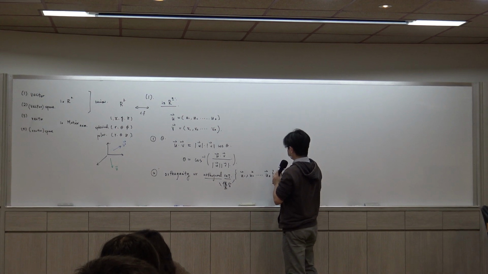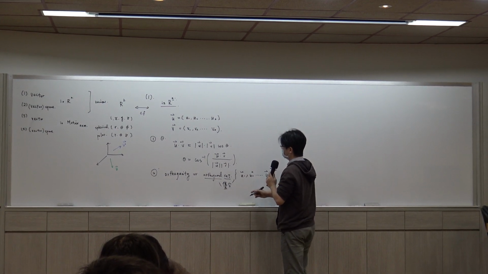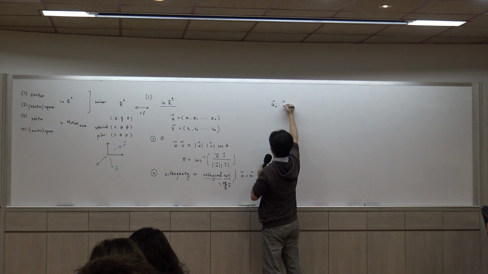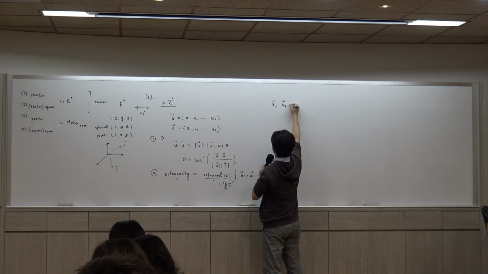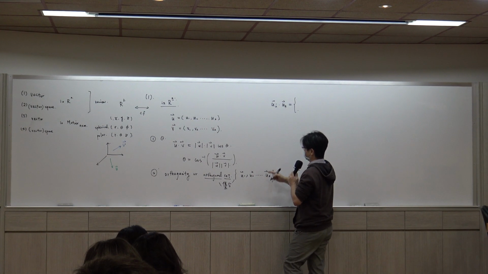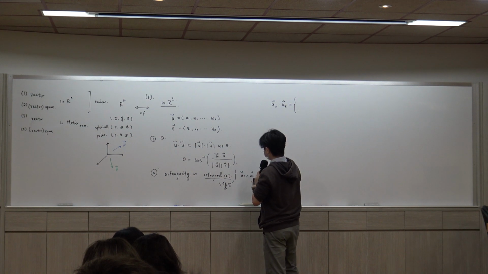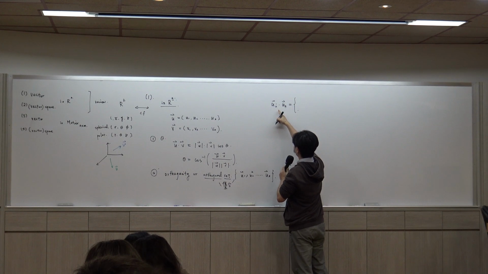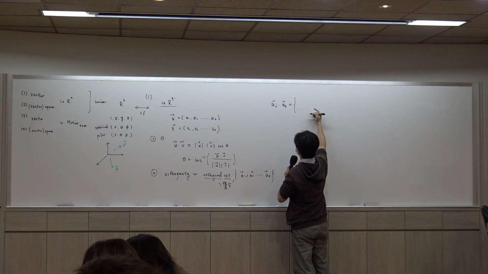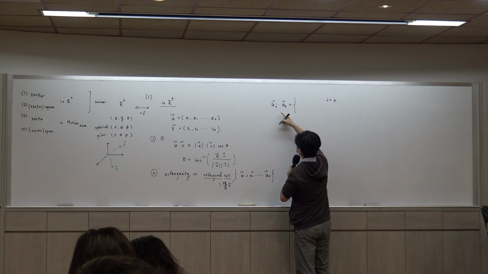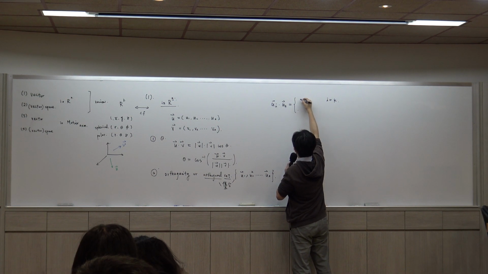And in the group, any two vectors, if ui dot uk, if i does not equal k, equals zero.